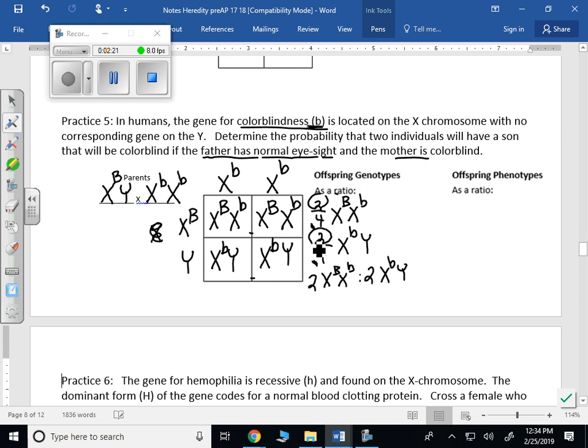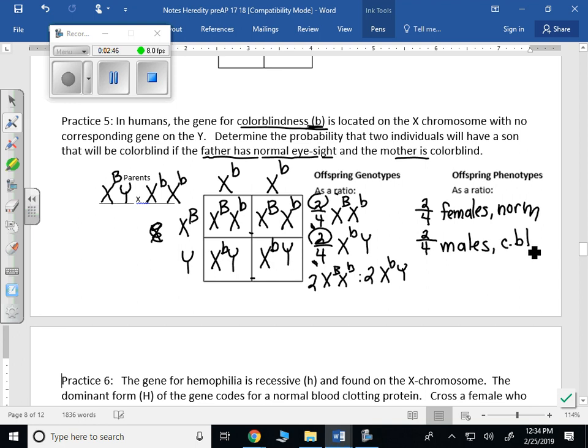So let's look at offspring phenotypes. Now, since it's sex-linked, you're going to have to identify sex and whether they have the trait or not. So we have 2 out of 4 females, and they have normal eyesight. 2 out of 4 males that are colorblind.